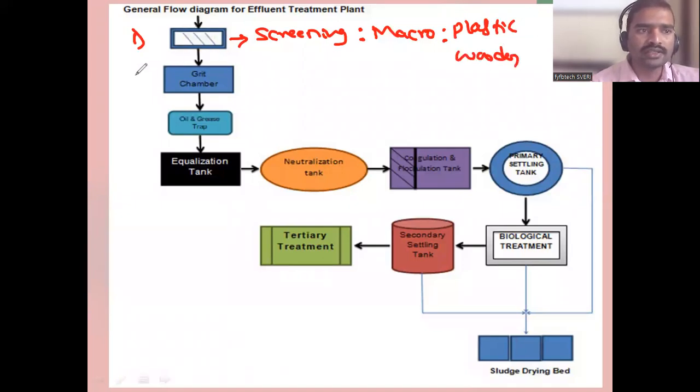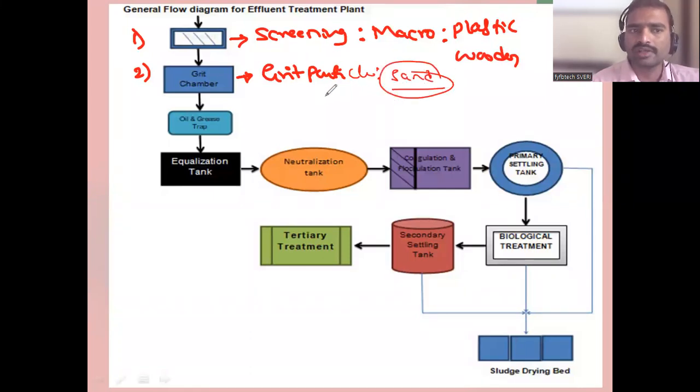Then after screening, where will it come next? It will come to the grit chamber. All the grit particles will be removed. What are grit particles? That may be sand, heavier particles. Heavier particles will be removed.